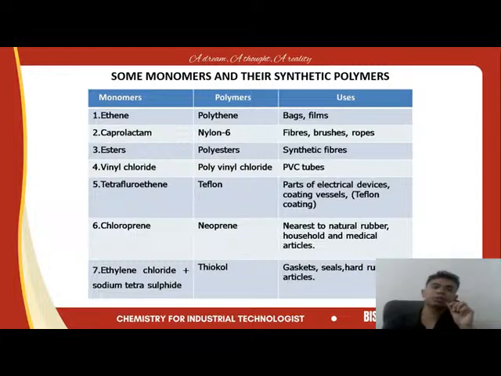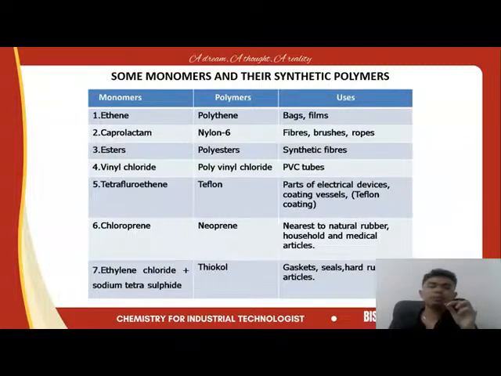Next monomer is esters. From this monomer we can create a polymer called polyesters. So esters create polyesters, and its use is for synthetic fibers. Next, we have the monomer vinyl chloride.